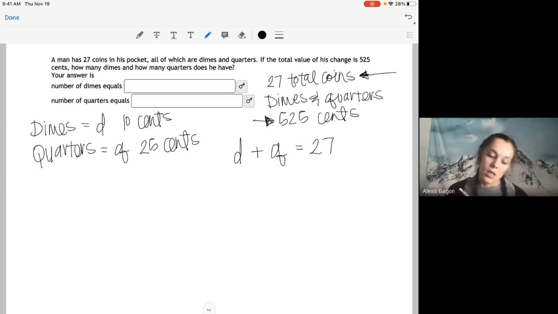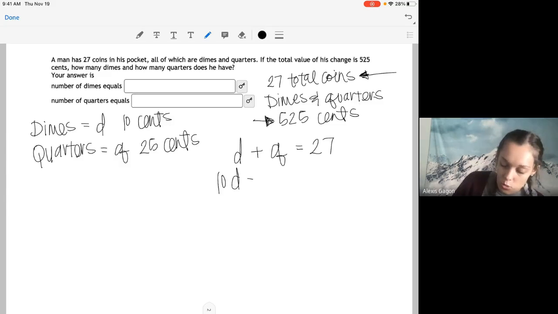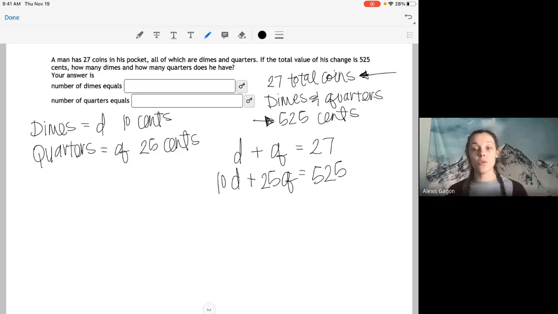Each dime is worth 10 cents, so this would be 10 per dime, and each quarter is 25 cents, so 25 per quarter is equal to 525 cents total. Any questions with how we set up the equations?